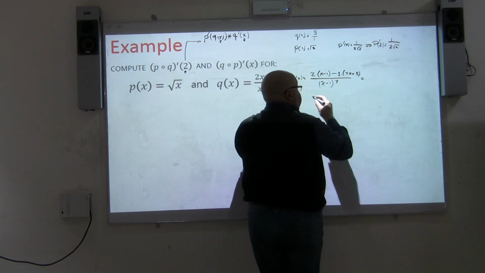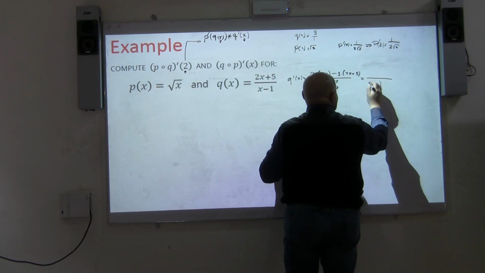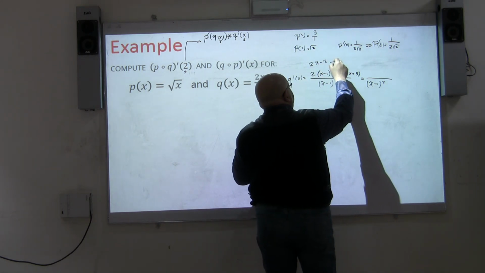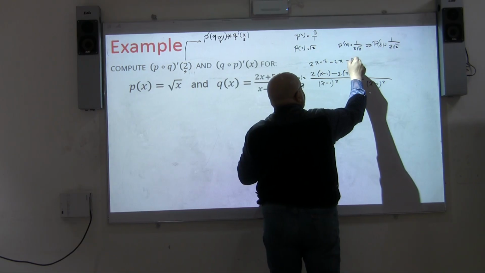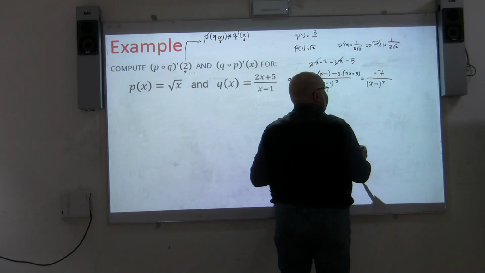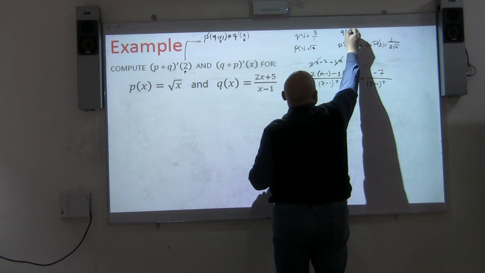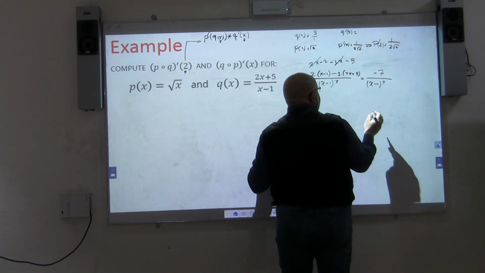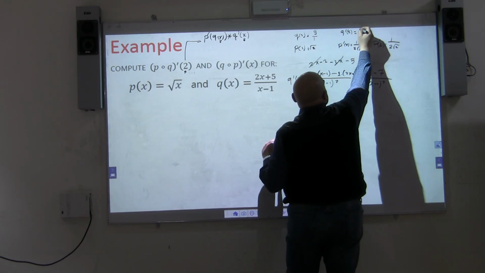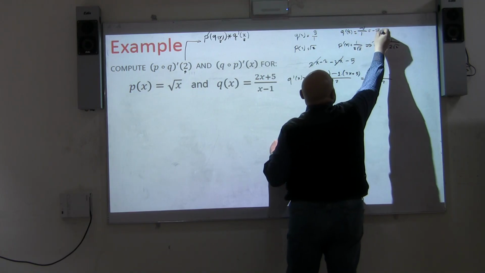Now simplify: (x minus 1) squared in the denominator, and in the numerator 2x minus 2 minus 2x minus 5. Those terms cancel each other and the result is negative 7. So q dash at 2, substituting x by 2, is negative 7 divided by 1, which means negative 7.